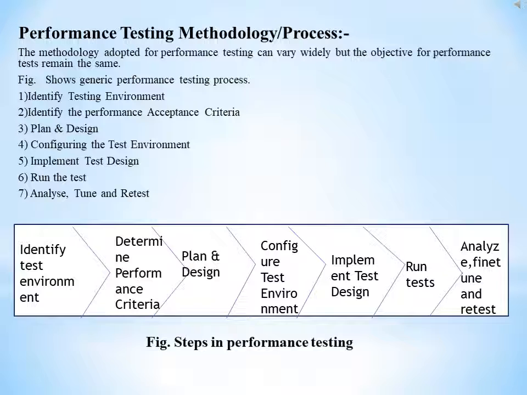The first is identify the testing environment. Second, identify the performance acceptance criteria. Third, plan and design. Fourth, configure the test environment. Fifth, implement the test design. Sixth, run the test. And seventh, analyze, tune and retest.